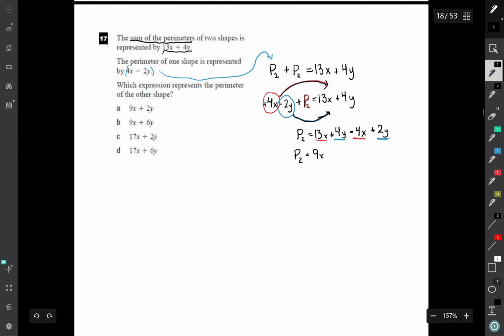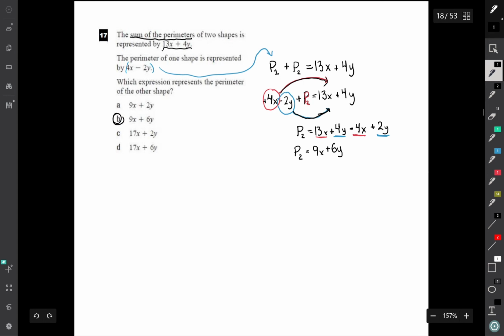And then 4y plus 2y gives us 6y. And that ends up being B. Good.